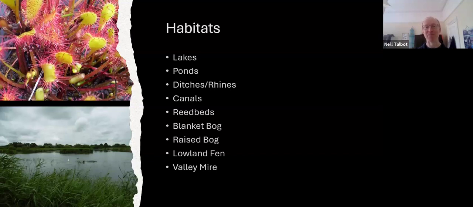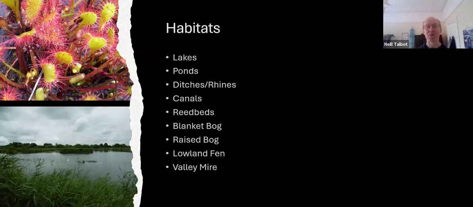I won't get into that now, but lakes are generally larger, though there are other qualifications. Most ponds are man-made, but you do get some natural ponds. And also ditches and rhynes, canals, reed beds, blanket bog, raised bog, lowland fen, and valley mire.